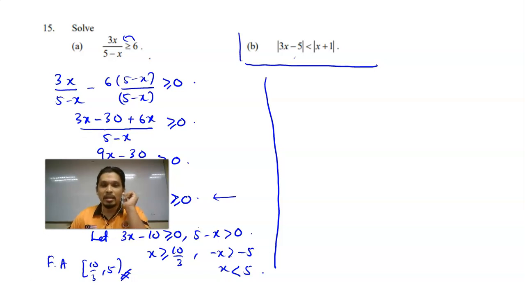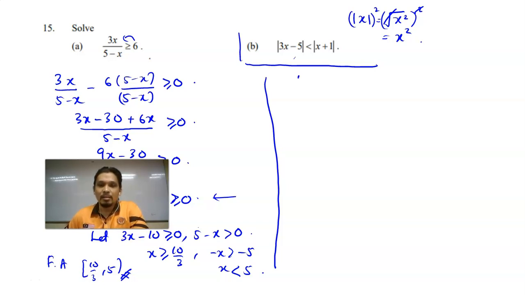Now, for this one, when we have absolute values both left and right, we can simply square both sides, since the modulus of x is equal to the square root of x squared. So if we square this, it eliminates the square root sign and only x squared is left.